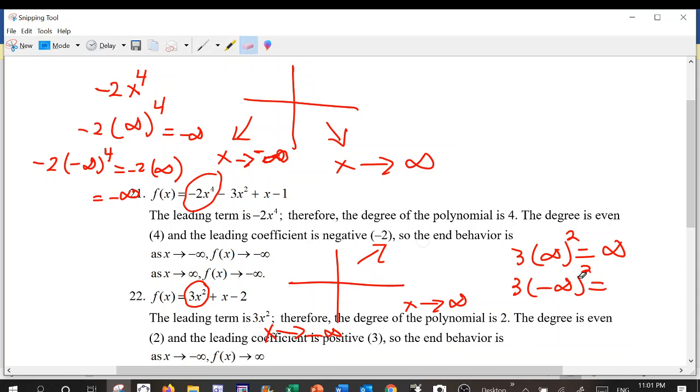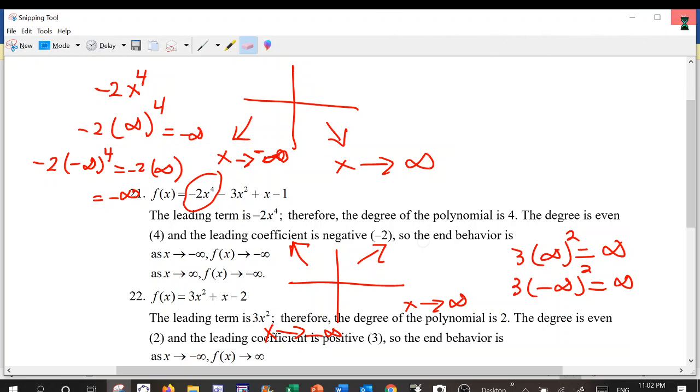Negative squared is positive, so that's just positive infinity, because when you multiply by 3, you still get infinity. So it's this way. Now, you should have known this because this is quadratic and opens up. So end behavior on the left and right looks like this.